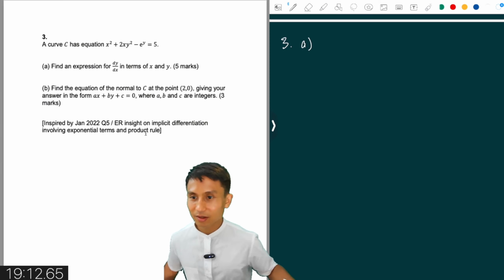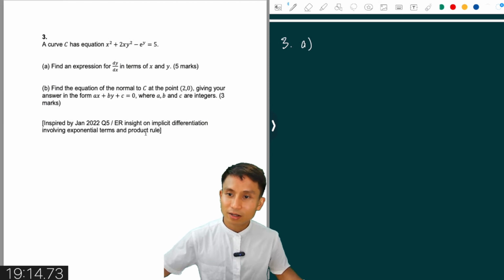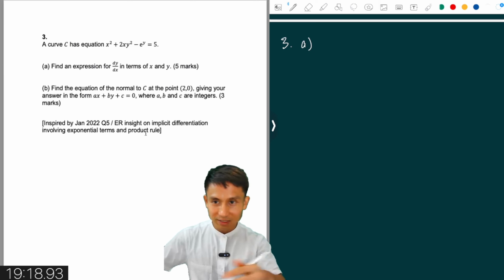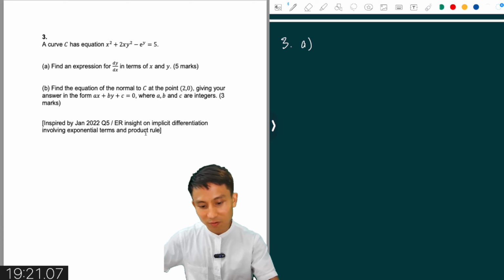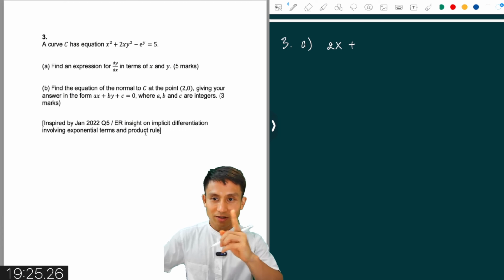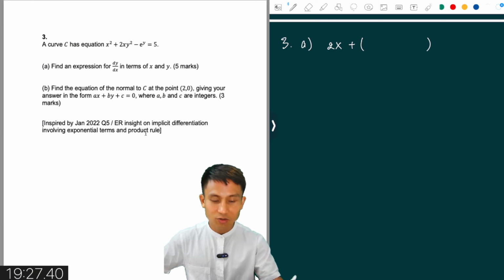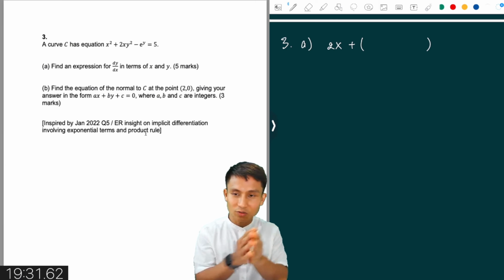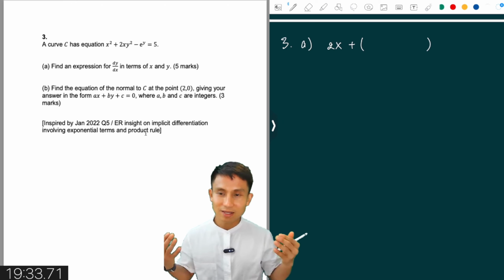Part A. Implicit, of course. So we're going to differentiate with respect to x term by term. Differentiating x squared, we get 2x, no chain rule there. Now here's the product rule for the 2x y squared. I'm going to separate 2x from the y squared: u dv plus v du.